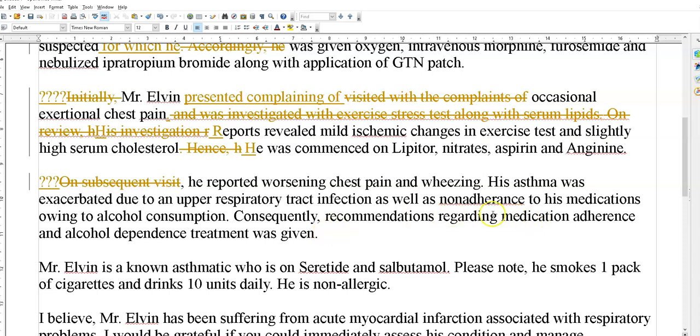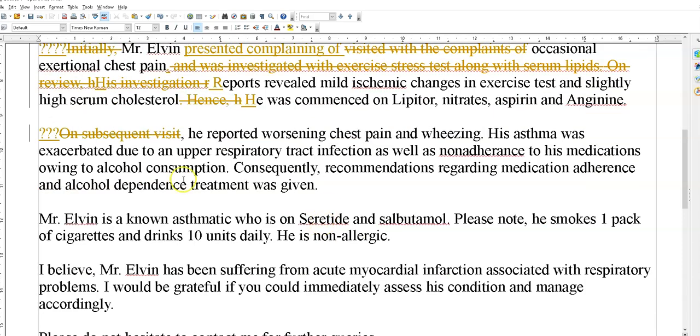Recommendations regarding medication adherence, alcohol dependence treatment was given. Therefore, I recommended he adhere to his meds and treated, or what could you say, recommendations. Medication. I advised him to stick to his meds and continue with alcohol dependence treatment or something. You could do it like that.